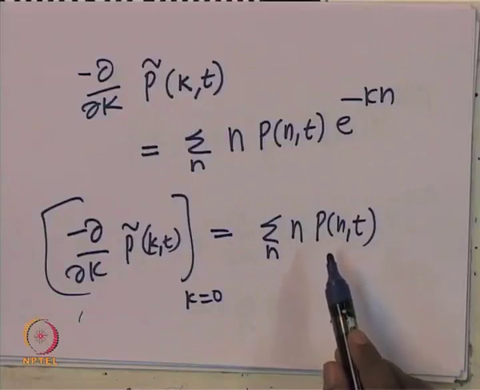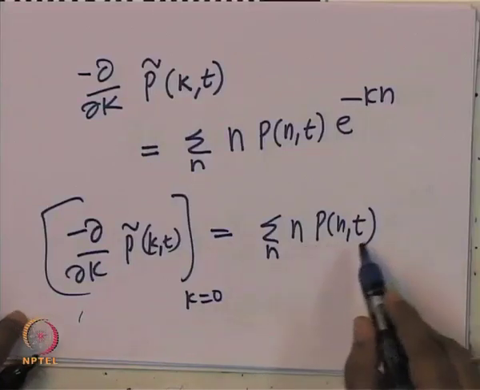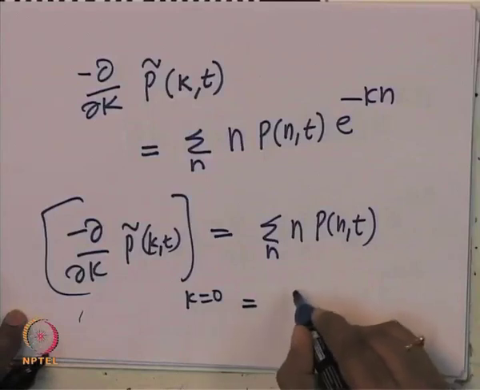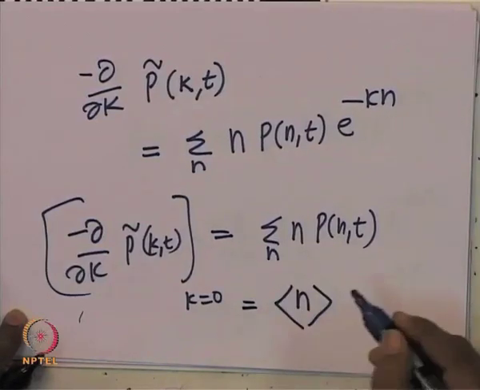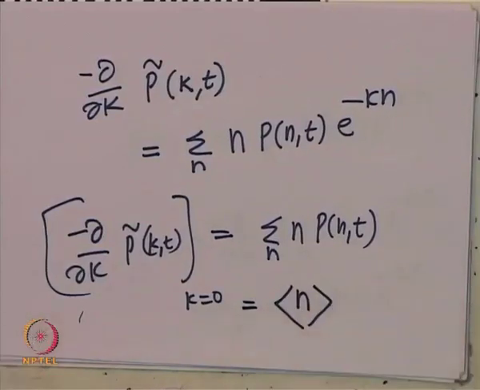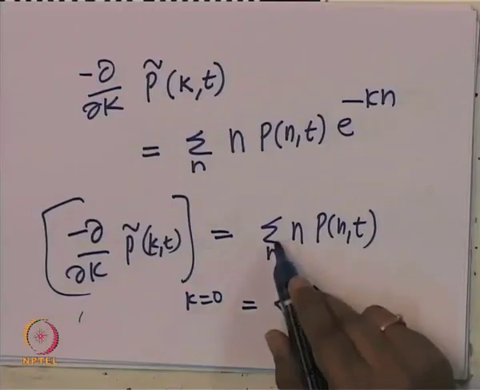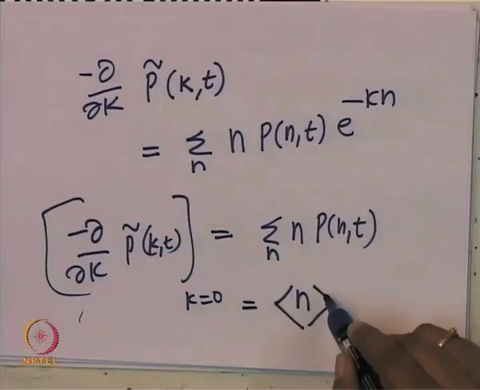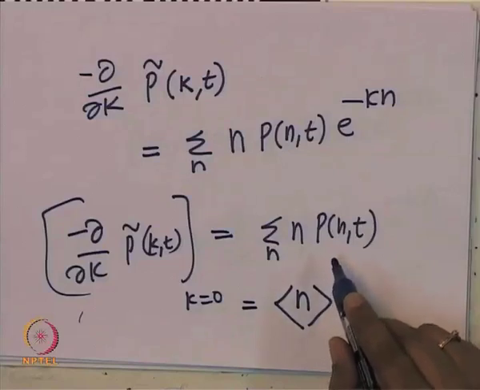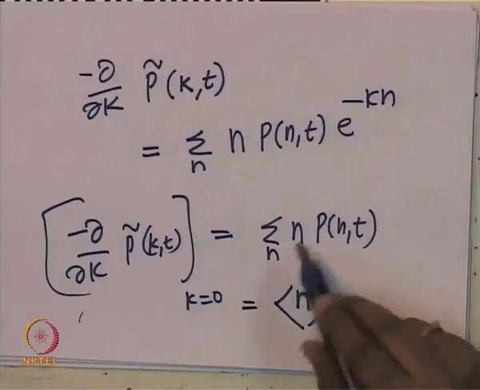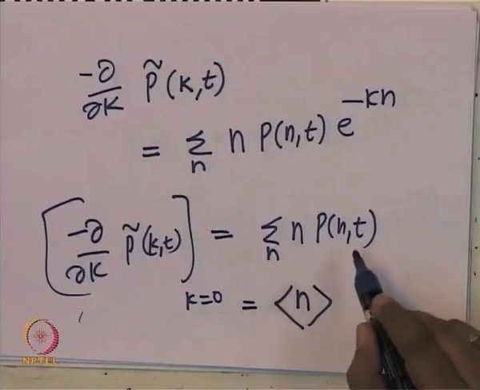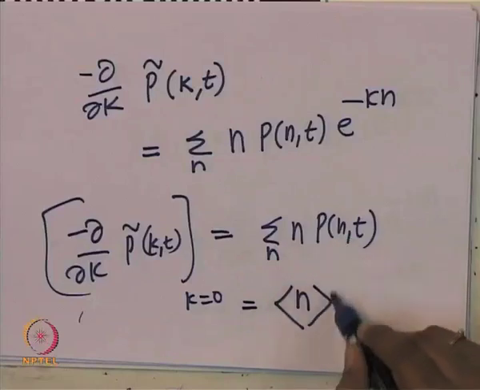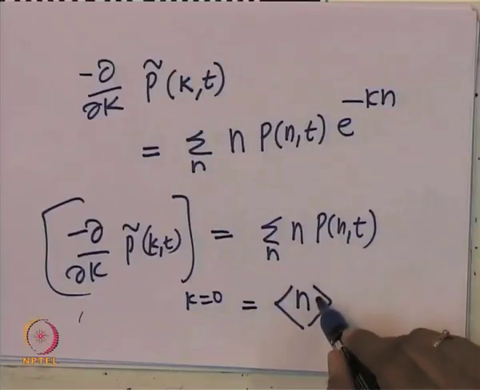So, we have learned that sum over x p x t is nothing but n average. We learned this when we learned probability: sum over n p n is n average, sum over x p x is x average, or integral x p x dx is x average. So, this is the definition of average n.